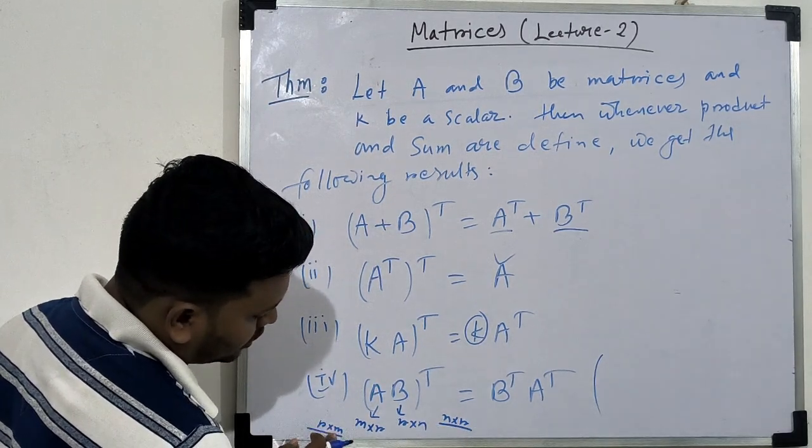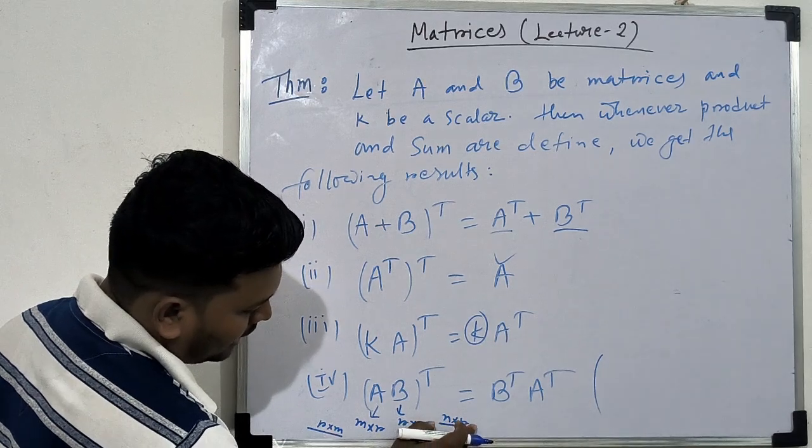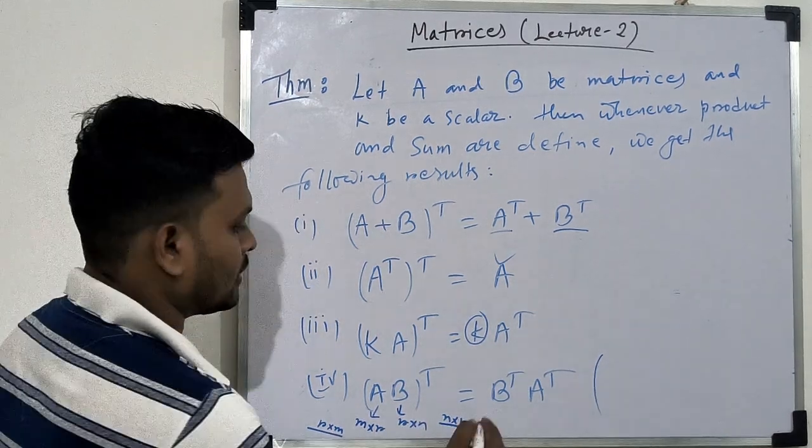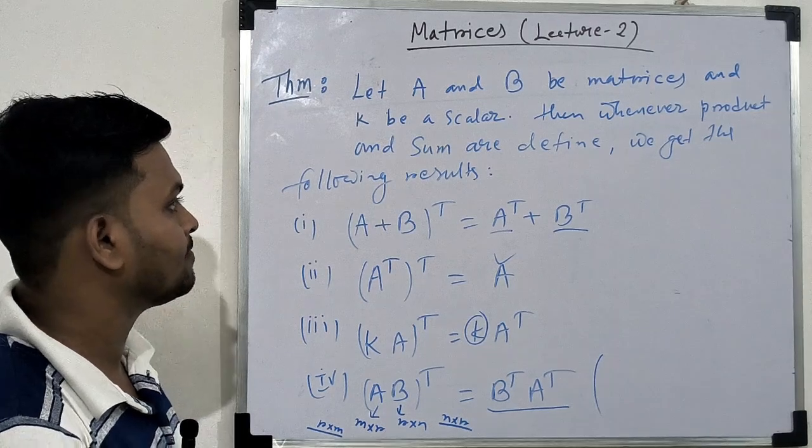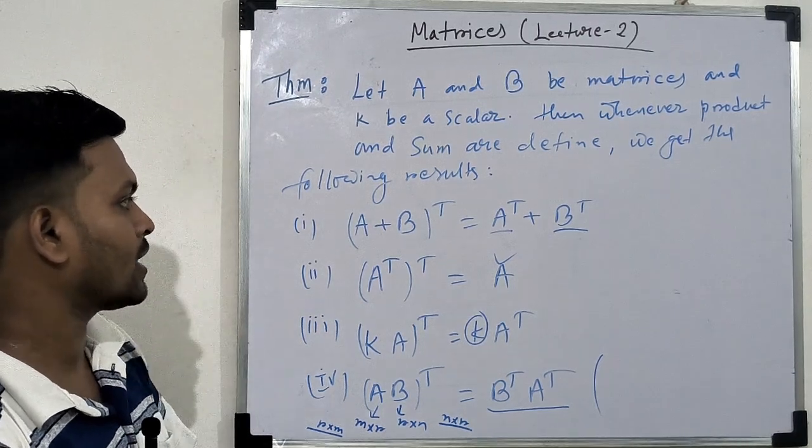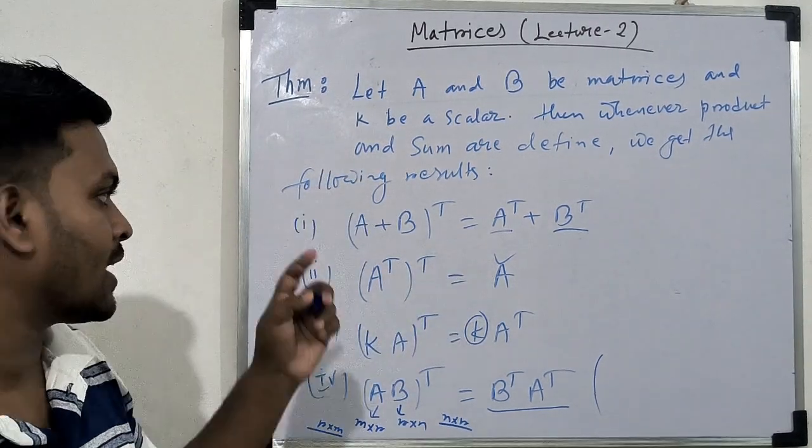But A transpose, R cross M, and B transpose, N cross R, cannot be multiplied in that order. That's why this result holds. This is a very important result. Just remember it, you can note it down.